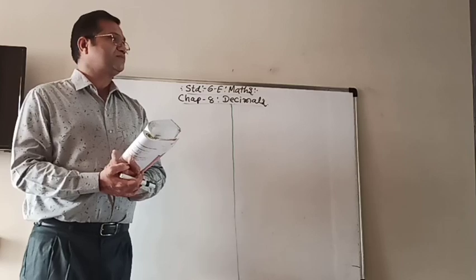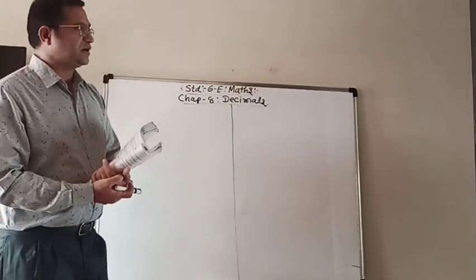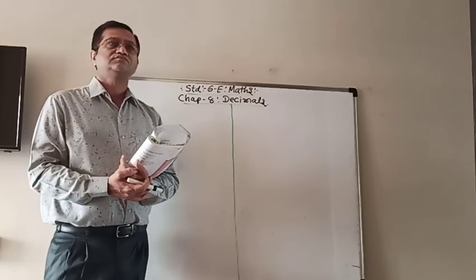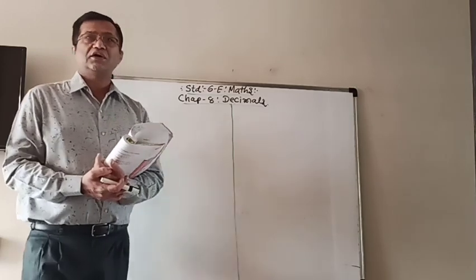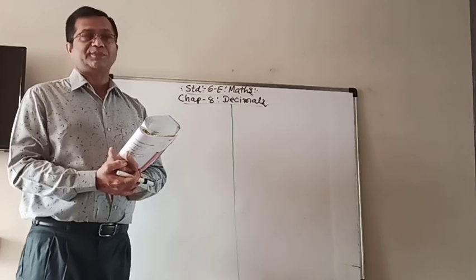The dot is known as the decimal point. Also we saw that the decimal point is written between the digit of the units place and the digit of the tenths place.